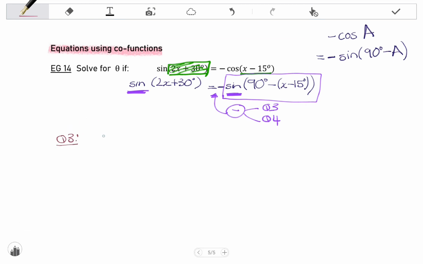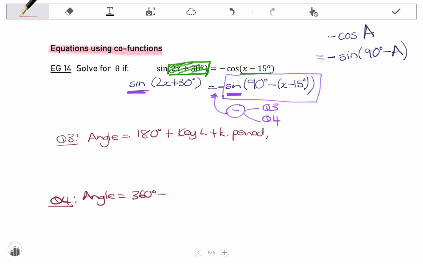the way I write out the general solution is the angle equals 180° plus the key angle plus k times the period. And in quadrant 4, I write it as the angle equals 360° minus my key angle plus k times the period of the graph.